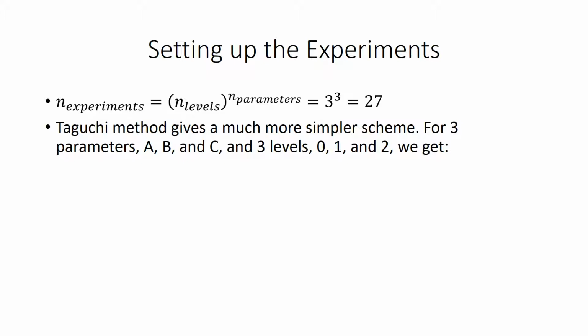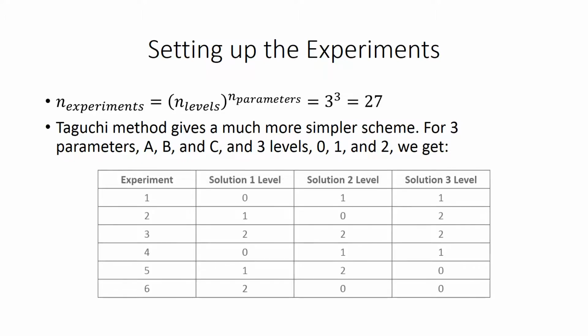The Taguchi method reduces the total number of experiments necessary using a much simpler scheme. So for the 3 parameters, which we will call A, B, and C, and 3 levels, 0, 1, and 2, the Taguchi method tells us we should operate with the following plan. Here, the total number of experiments has been reduced from 27 down to just 6.